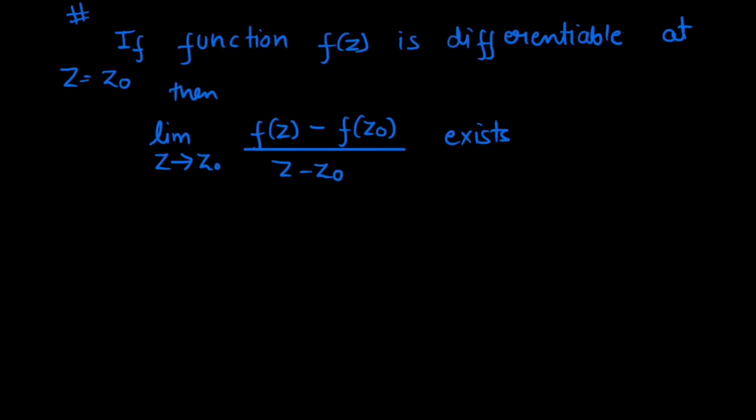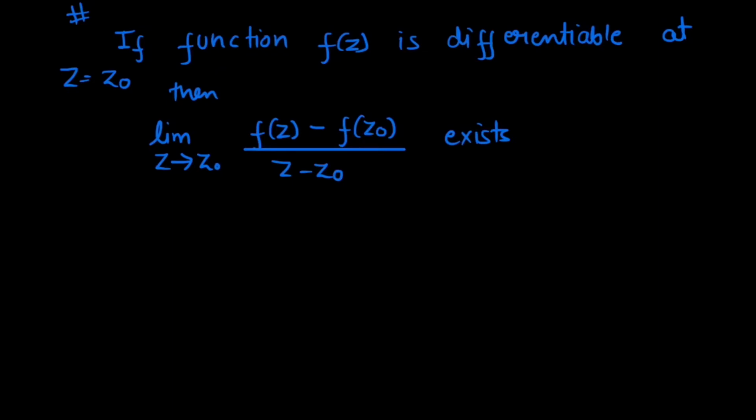Limit exists means the limit will be independent of the path you have chosen. So this limit will be independent of the path chosen. Okay. So this will be the basic idea for the derivation of Cauchy Riemann equation.